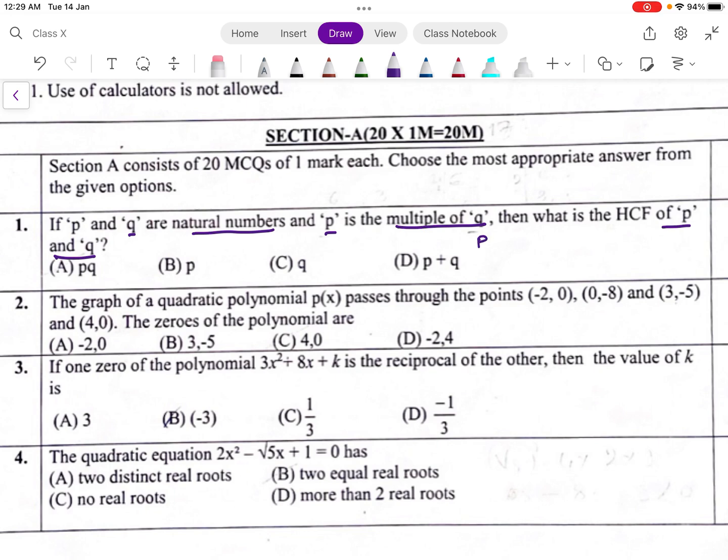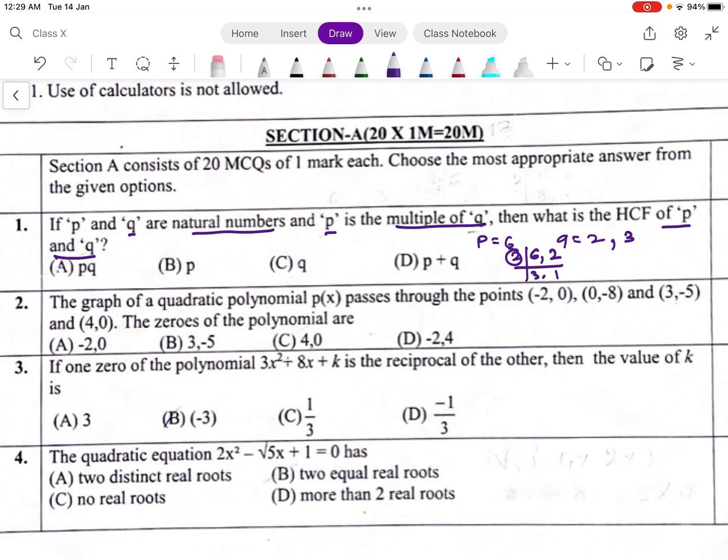Suppose if you take P equal to 6, now 6 can be multiple of 2 and 3. So suppose if you take Q equal to 2, now HCF of 6 and 2 will become only 2. And another variable you can take as 3, because 6 is also multiple of 3.